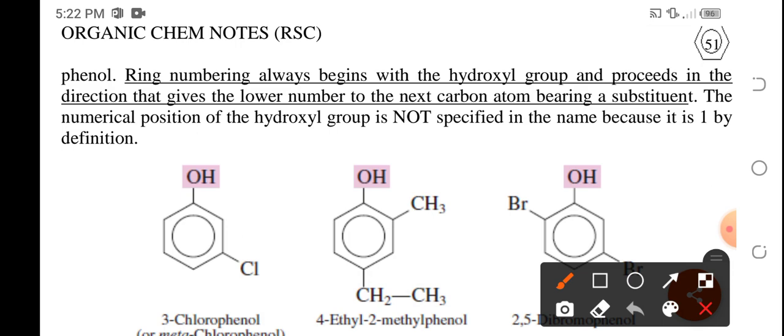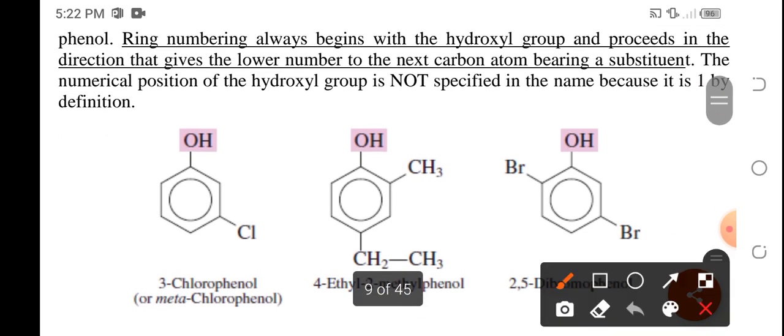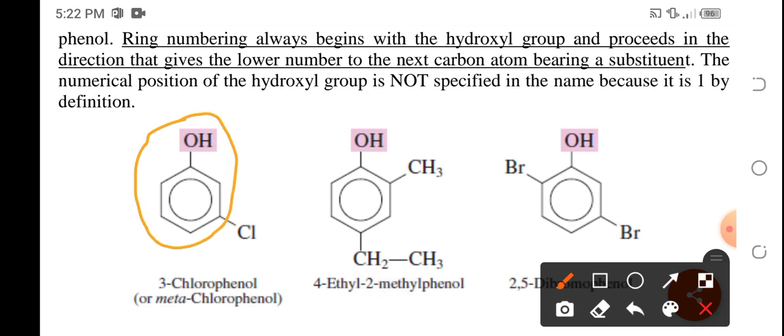Okay, so for the first example, the collective name of these two is phenol. And since it is the parent chain, we are going to assign carbon number 1 to the carbon atom that bears the hydroxyl.